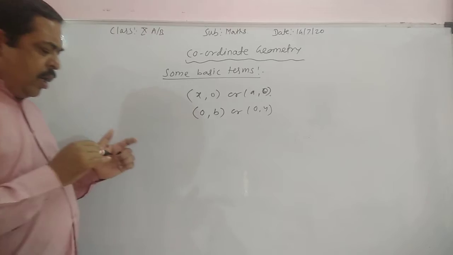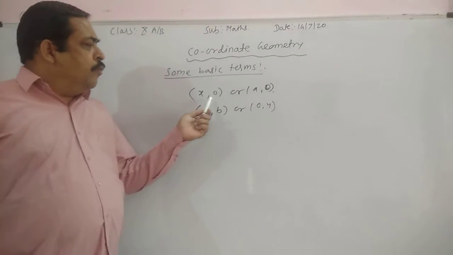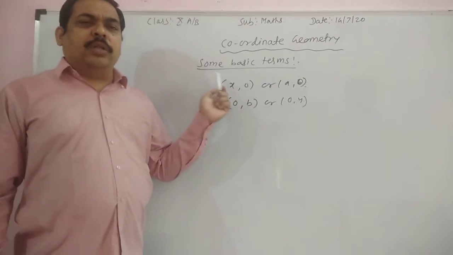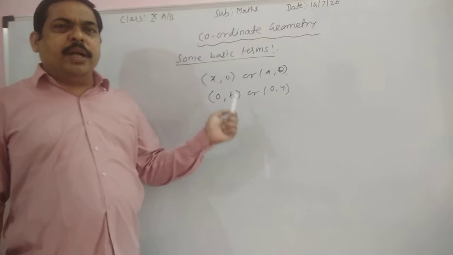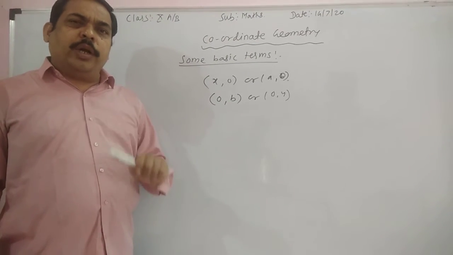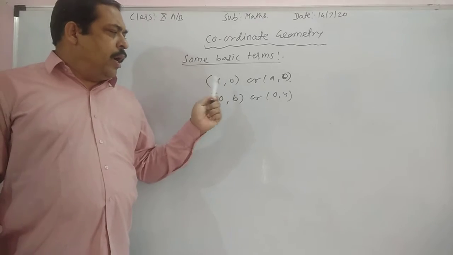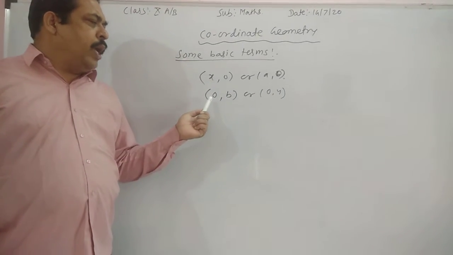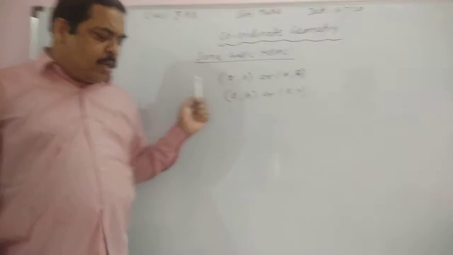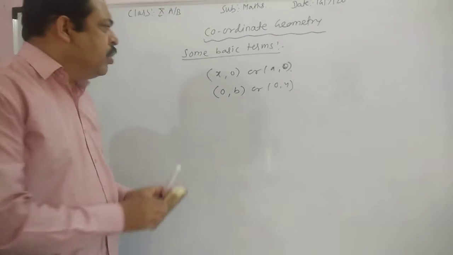These are the standard format of the points which lie on the x axis and y axis. If the point lies on the x axis, then its y coordinate is 0, and if the point lies on the y axis, then its x coordinate is 0. That thing also you must remember.